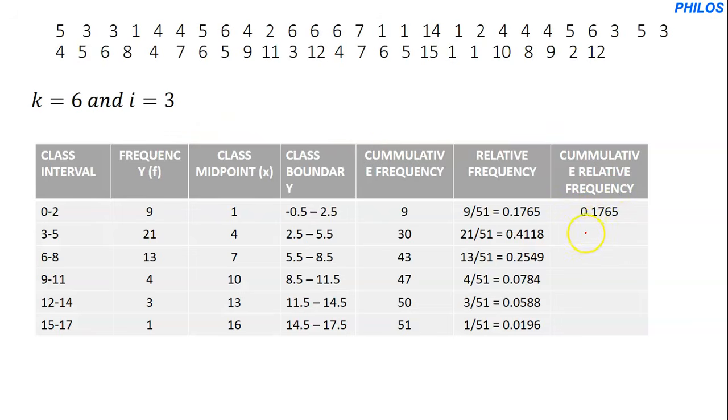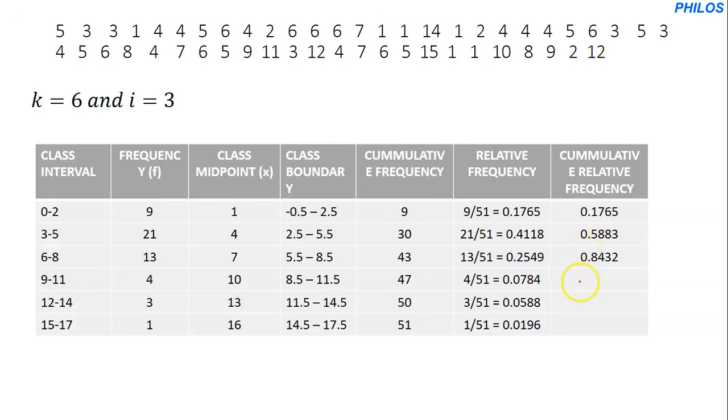Now to get the cumulative relative frequency of the second class, I'll be calling this CRF, cumulative relative frequency, and I'll be calling this RF. So CRF of second class should be RF of first class plus RF of second class, and that gives you 0.5883. Now to get CRF of third class, it should be RF of the first class plus second class plus third class, and that gives you CRF of the third class.